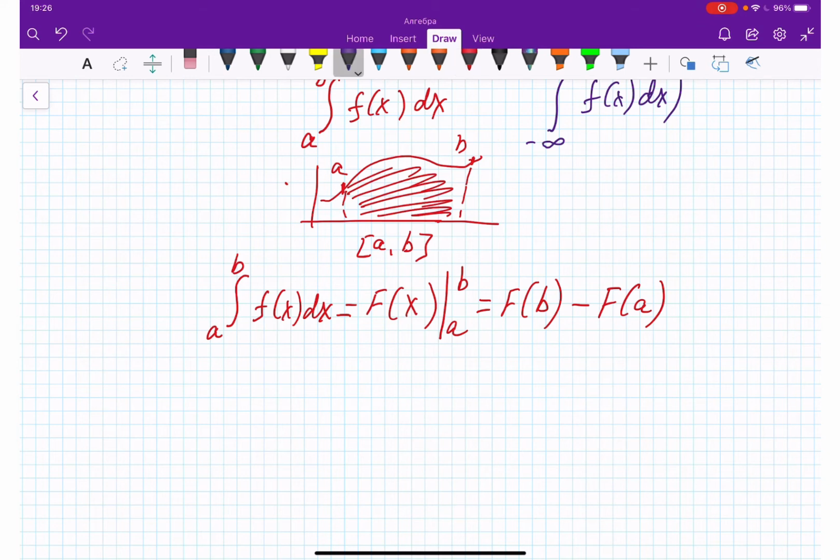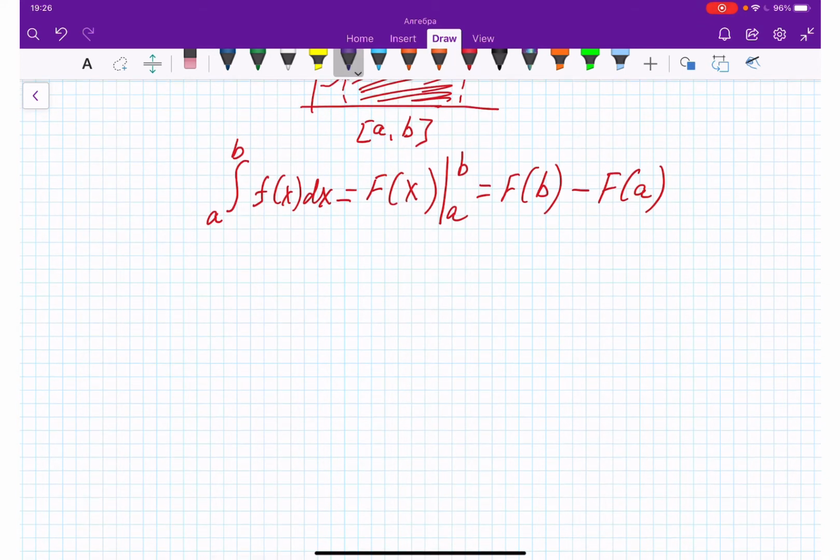For example, if I take the integral from -5 to -2, and I write down dx over square root of x, right? There is no integral on the range -5 to -2.